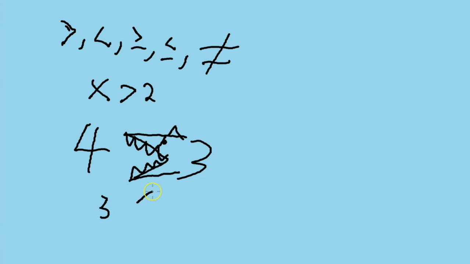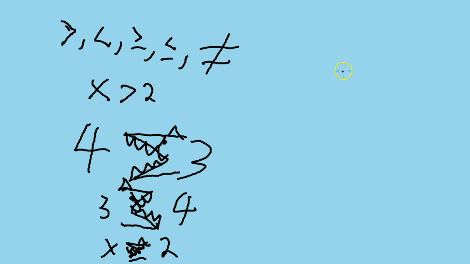And it goes the other way as well. If the shark is facing that way, that means that the number on the right is greater than the number on the left. And with variables as well, that means that the x is greater than 2.